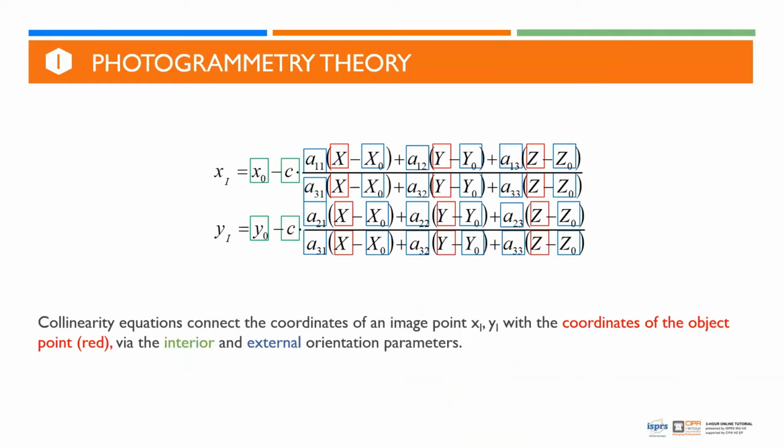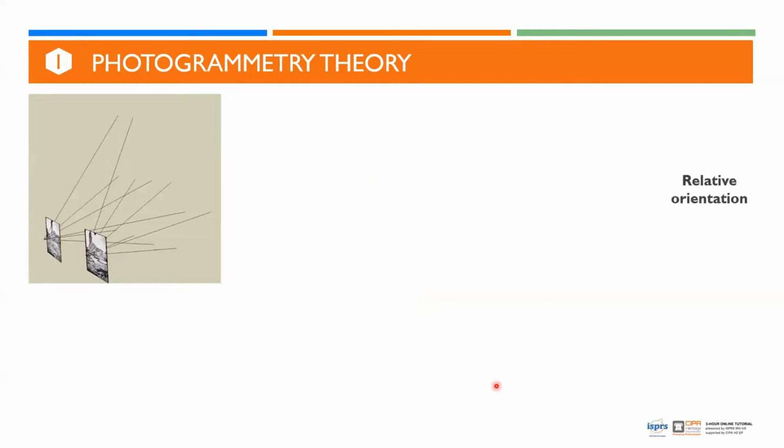Here you can see our collinearity equation of before. Just to let you understand, this is just written in a different way, but we can see all these parameters inside. So the coordinates of the object point, which are the red parameters, the interior orientation parameters, the green, and the external orientation parameters that are the blue. So this is, again, why it is so important to understand the collinearity equation.